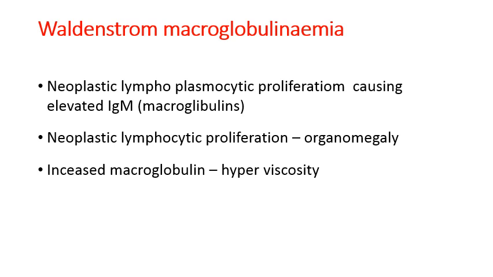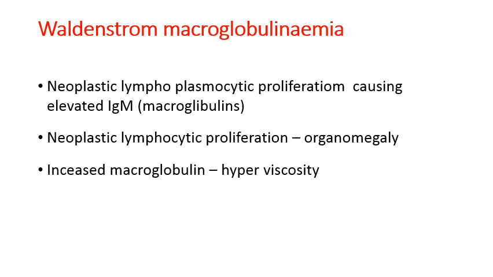Just a few words about Waldenström's macroglobulinemia. As opposed to plasma cell proliferation in myeloma, here the proliferation is of B lymphocytes, which are one step before the plasma cells. It's a neoplastic proliferation of B lymphocytes causing increased plasma cells, and here the type is mainly IgM.